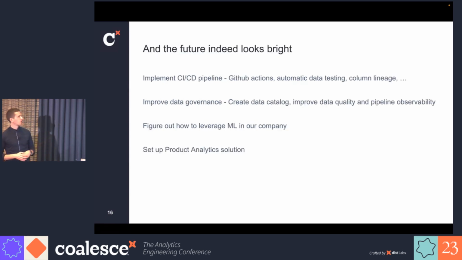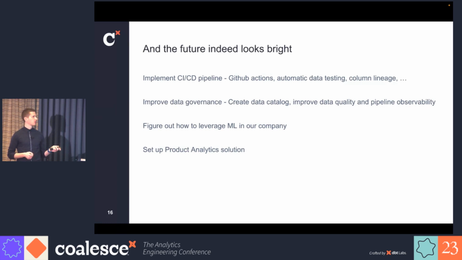And just briefly about where we want to go next. So now that we have mostly removed all the dependencies and all the historical things that we had, we're really looking forward to setting up some of these points that you have here, some things that maybe you already have, but we don't. So we're very keen to implement some CI/CD pipeline, right, to automate delivery and testing and so on.